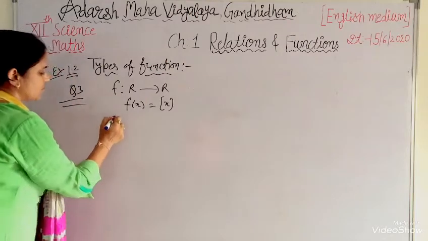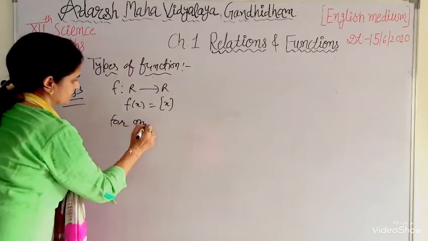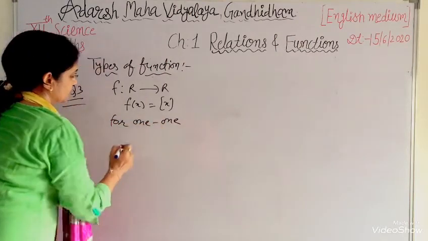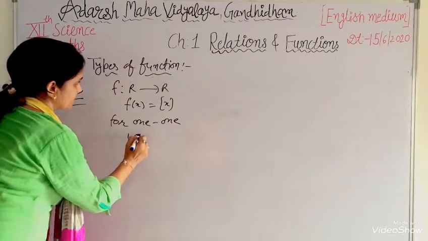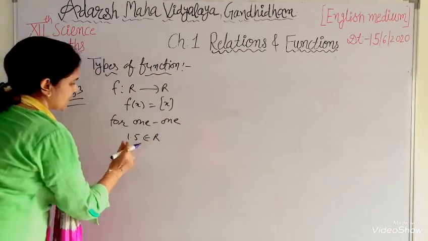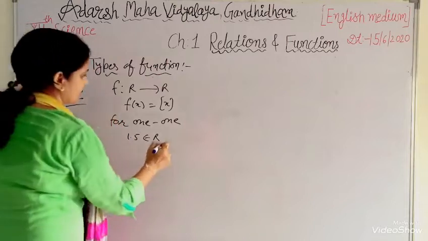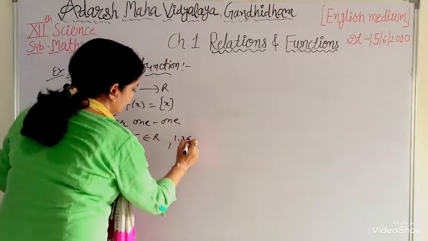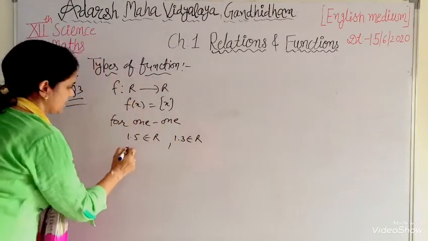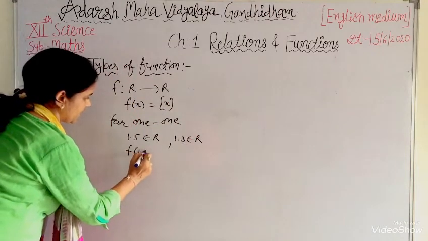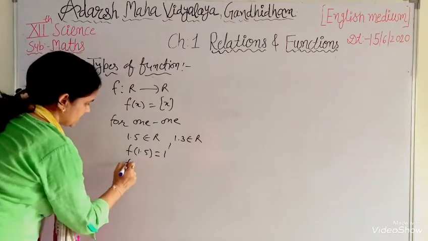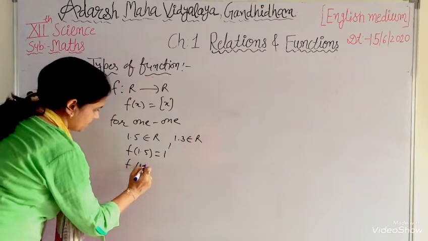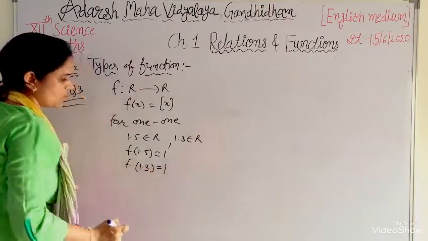First, for one-one. Okay, student, 1.5 belongs to R. I am taking two elements, and 1.3 also belongs to R. Image of 1.5 is 1 and image of 1.3 is also 1.